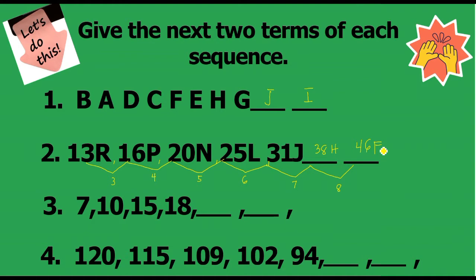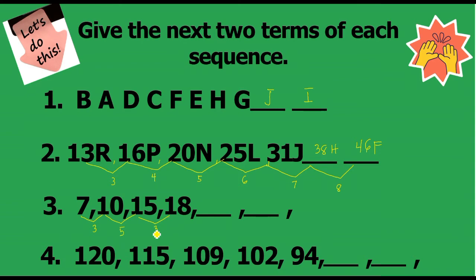Okay? The next one is 7, 10, 15, and 18. Tingnan natin yung pattern kung paano natin kukunin yung value. Yung 7 at 10, ang difference po niya ay 3. Yung 10 at 15, ang difference ay 5. Then, yung 15 at 18, ang difference ay 3.